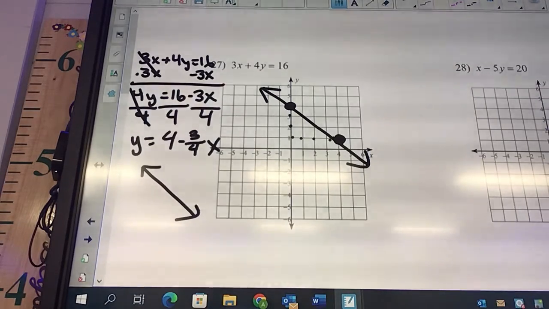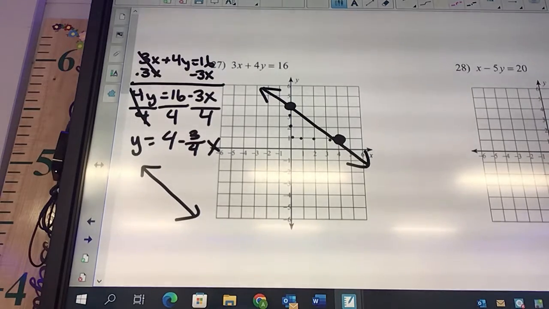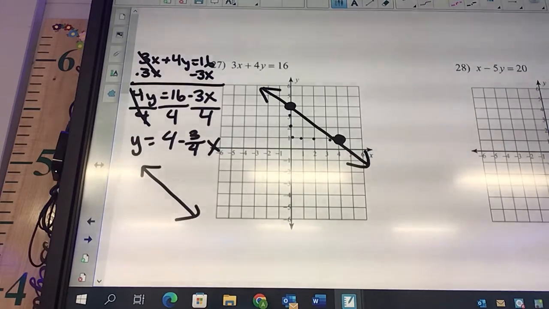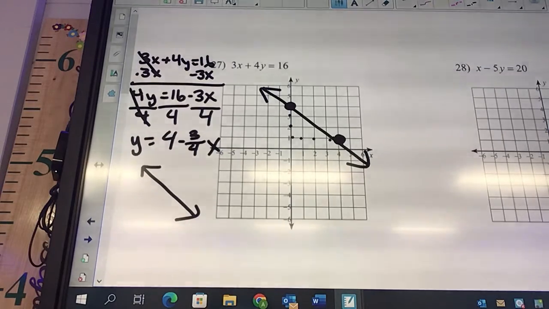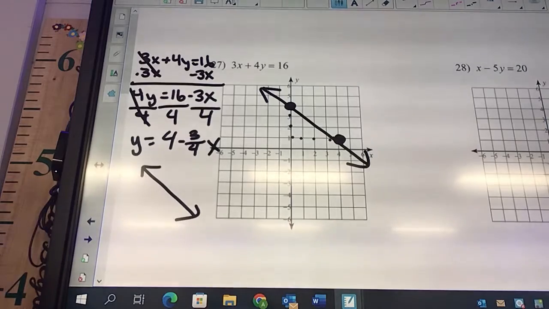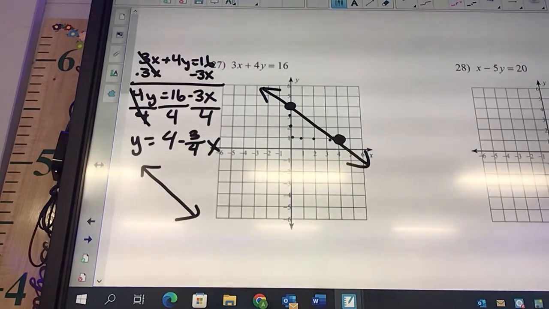Number 29, you guys are going to cross off. Look at the other side, actually. Yes. Can I scroll? You guys good?